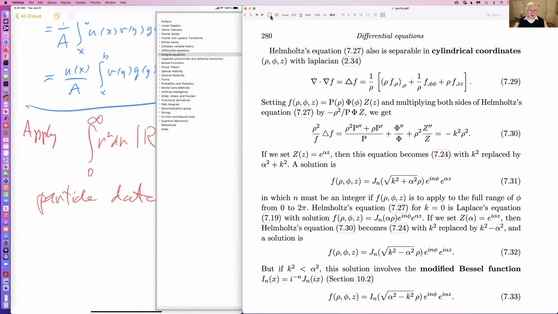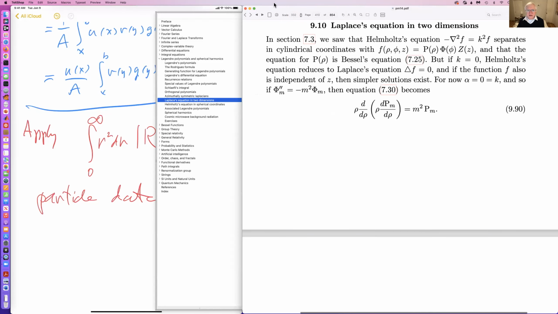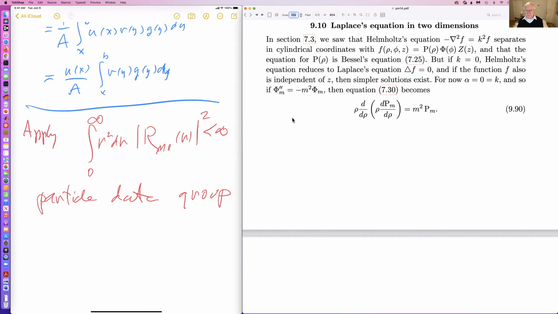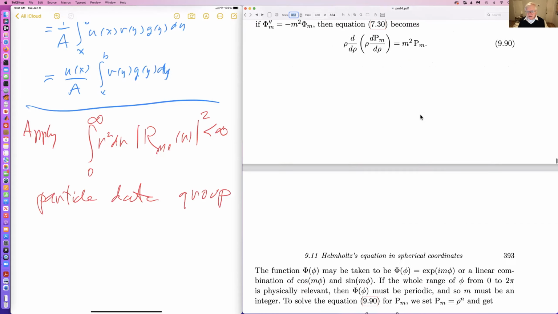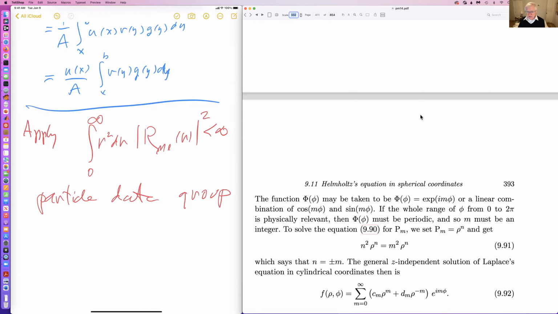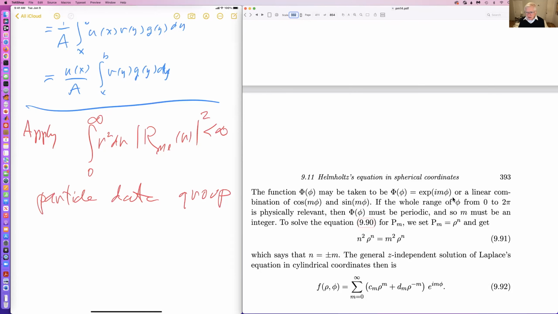And now if I can get back to where it is that we were, I think we're here. Yes, that's where we were. Then the equation for rho looks like this. And phi, of course, we can set as e to the im phi.